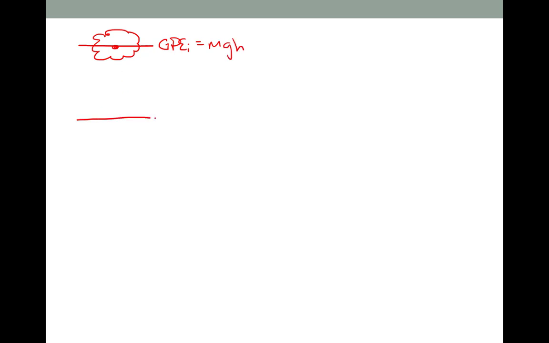Kinetic energy is 0. This is our 3,000 meters. And down here, we're going to be moving downward at a velocity. So kinetic energy will be 1/2 mv squared. And in this case, the only force acting on this drop is gravity.